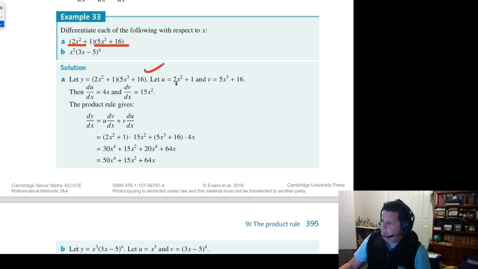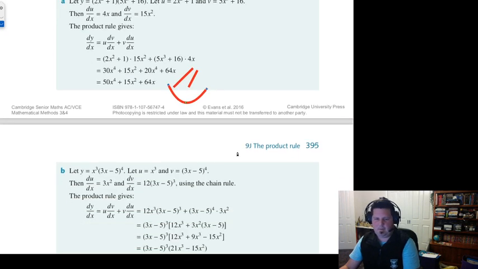So we had u was 2x squared plus 1 multiplied by dv dx, which is 15x squared, plus v, which is 5x cubed plus 16 multiplied by derivative of u, which is du dx, which is 4x. Yep. From here it's a matter of multiplying things out and simplifying things down. That's meant to be a check. We'll turn it into a happy face. Cool. Alrighty. Next.